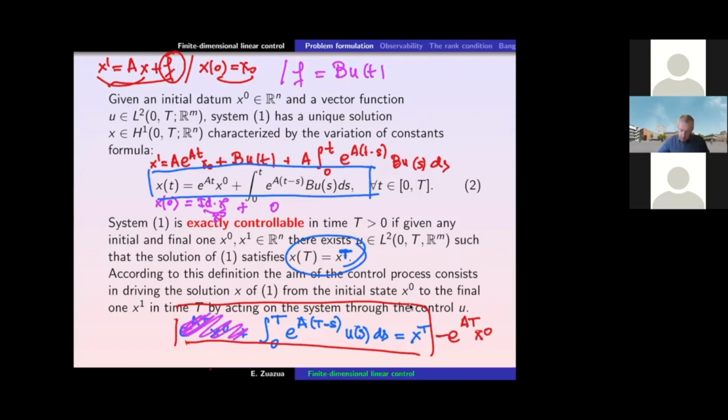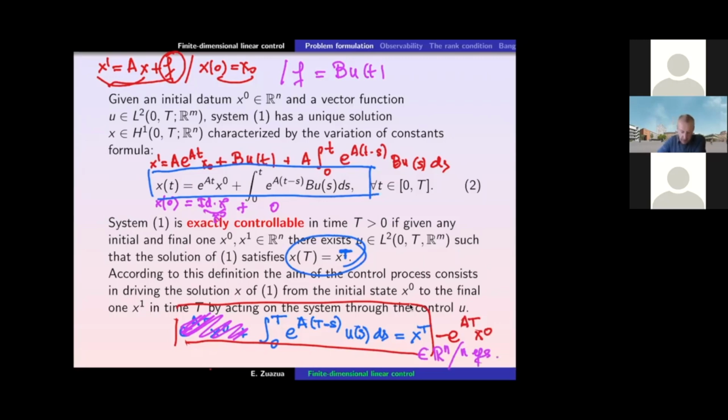So then, this is, I claim, a linear finite dimensional system. Why? Because this vector here lives in Rn. So there are n equations to be fulfilled, right?